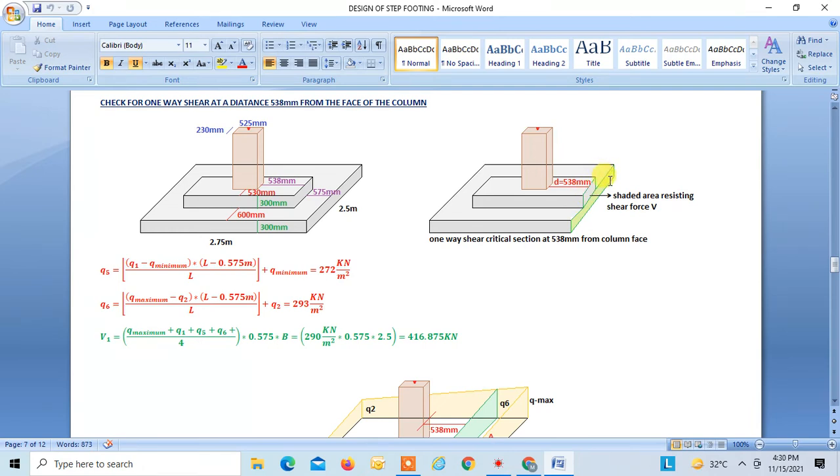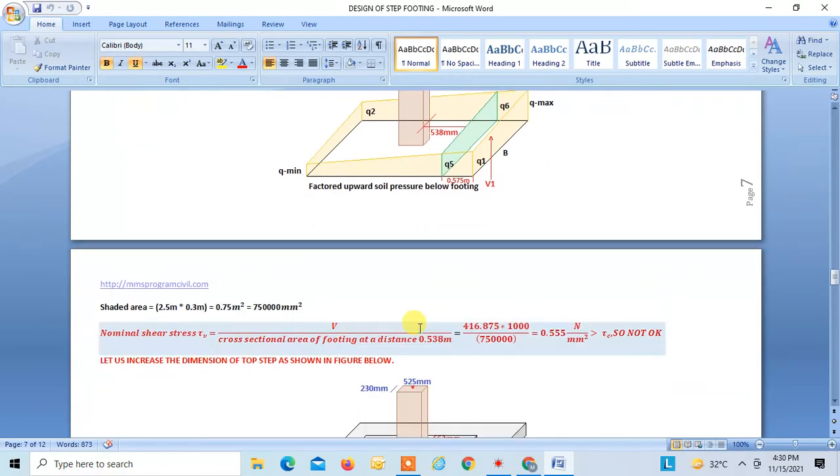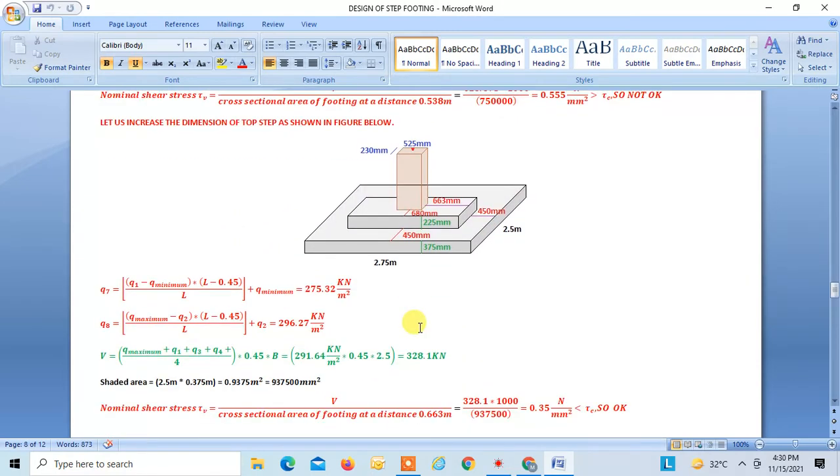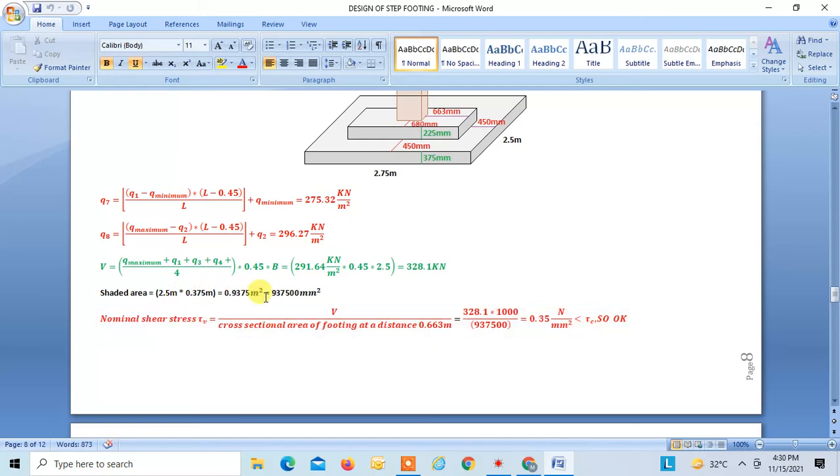Originally this was 300 mm, now this is 375, right? So 0.375 meters into 2.5 meters. So that area turns out to be 937500. That is how the area of cross section has increased, because we have increased the depth.